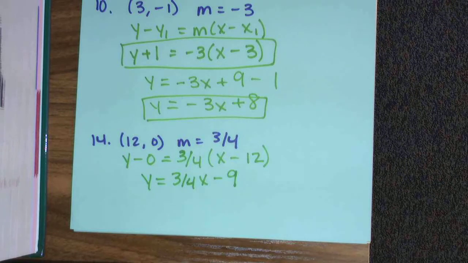That was an easy fraction problem. Do we need to do another one of that type, or are we good to move on? Good? Okay. Alright, so the next ones, 20 through 25, say to write an equation of the line that passes through the given point and satisfies the given condition.